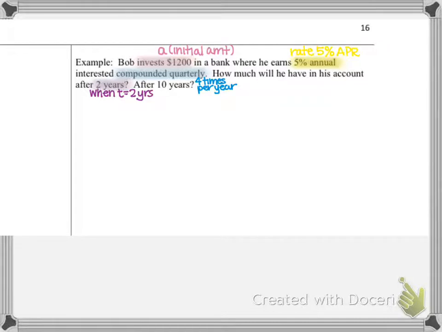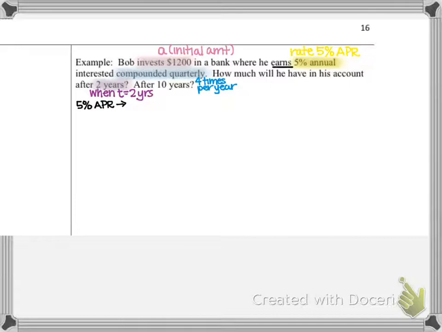All right, let's start writing our equation here. So I am going to go to the percent first. So I know that he is earning 5% annually. So I want to take that 5% APR and turn it into a quarterly rate.